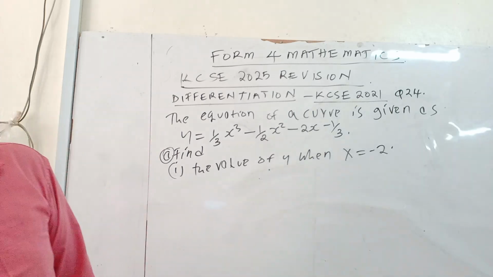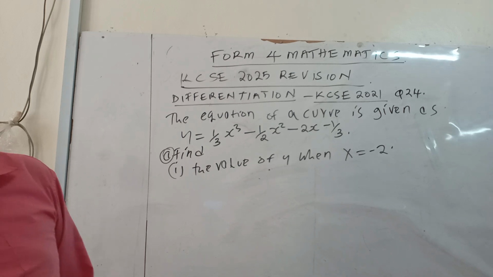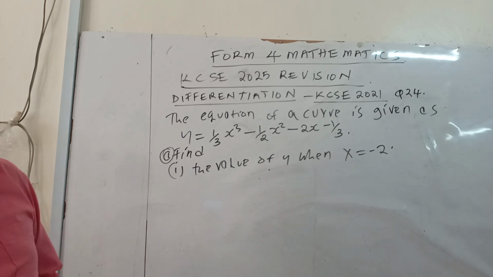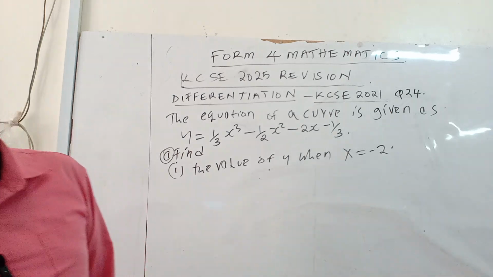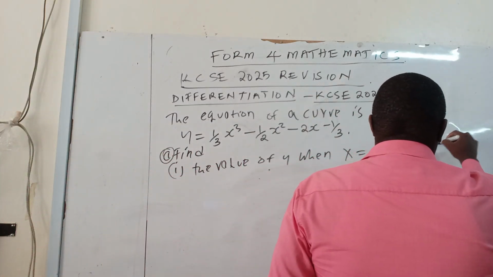In question A, Roman 1, we are told to find the value of y when x is negative 2. That question was 2 marks.